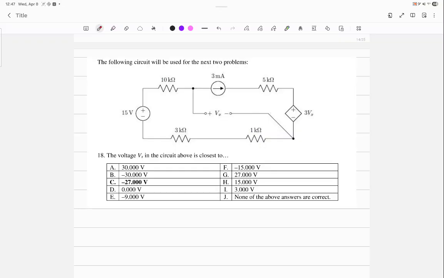Okay, we want Vx. What do you suggest, Anna? Mesh. You can combine your resistors, can you?